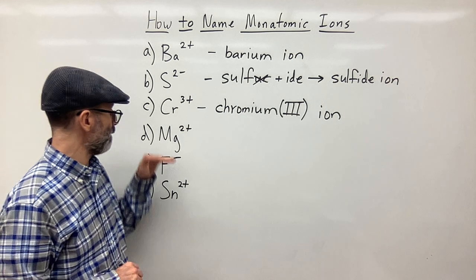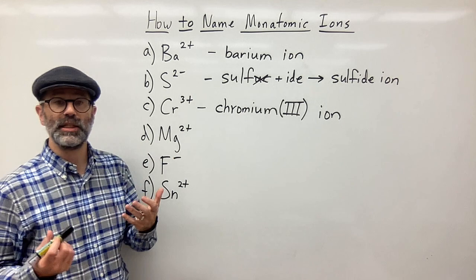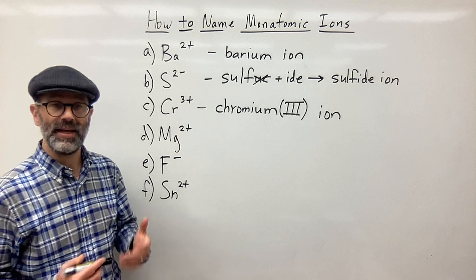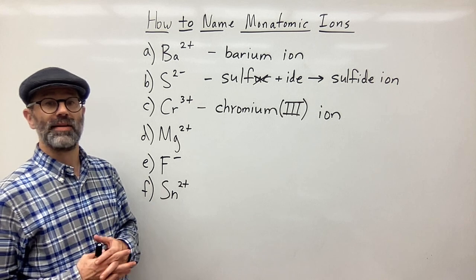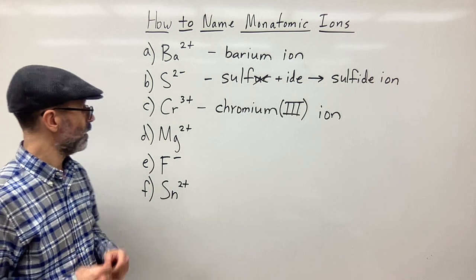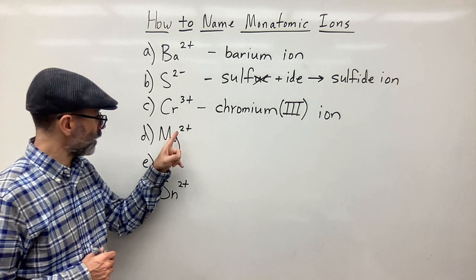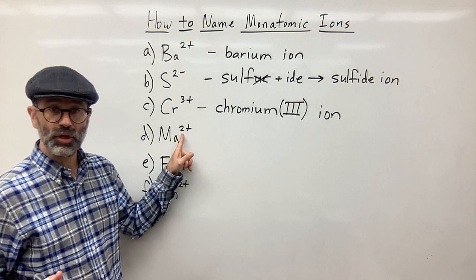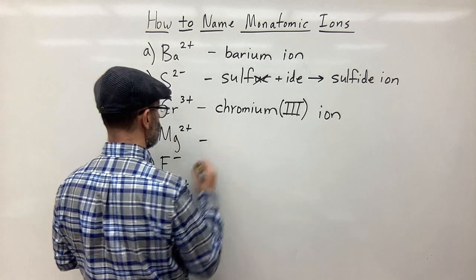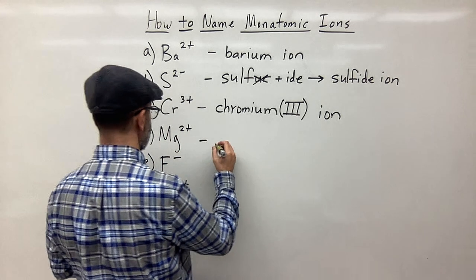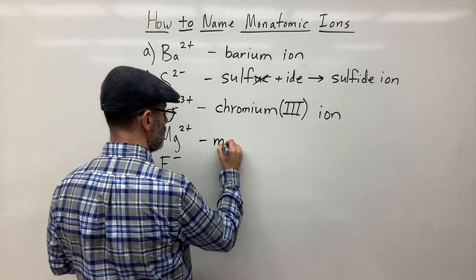Okay, so here we have magnesium 2 plus. Magnesium is in group 2A. It's a representative element, so therefore it's going to have only one charge, and here it's got a 2 plus charge. We don't need a Roman numeral. Again, it's a metal, so we're just going to write down the name of the Mg, which is magnesium.